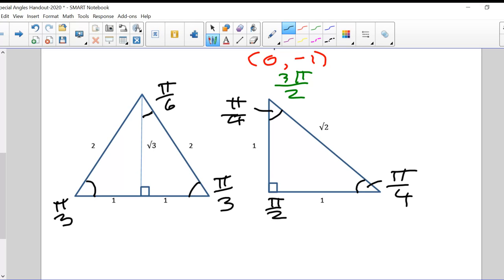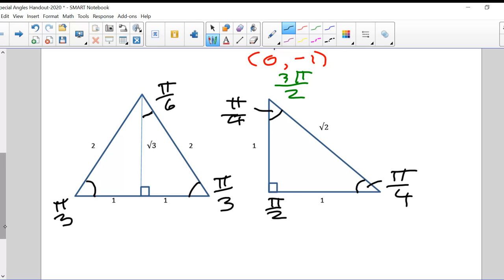We're about to take you back to SOHCAHTOA, okay? Sine is opposite over hypotenuse, cosine is adjacent over hypotenuse, tangent is opposite over adjacent, all that stuff that you learned in grade 10. We're going to use that right now to figure out the sine, cosine, and tangent of these angles.